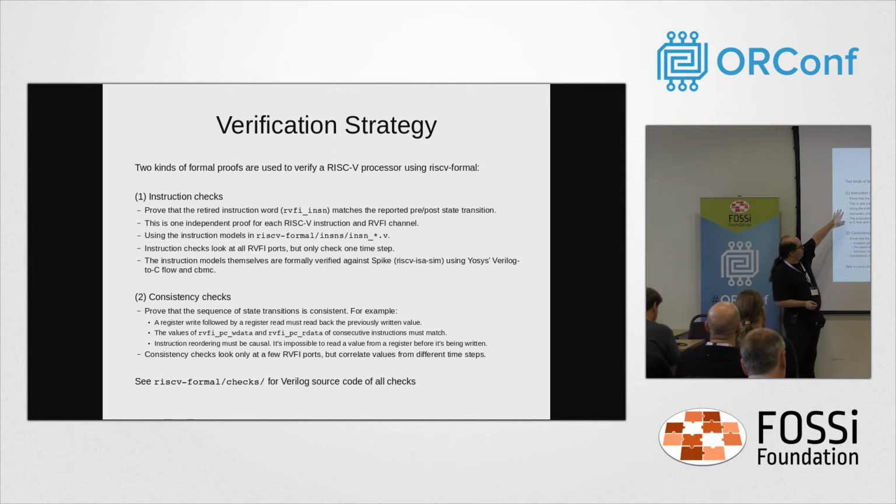So with the instruction checks, we look at the instruction word, and then we look at the data read from the register file and the data written to the register file, and whether this matches the operation that was encoded in the instruction. Usually, if we make an error, if we misread the specification and accidentally implement an incorrect behavior for one instruction, then usually this check will just fail for that instruction.